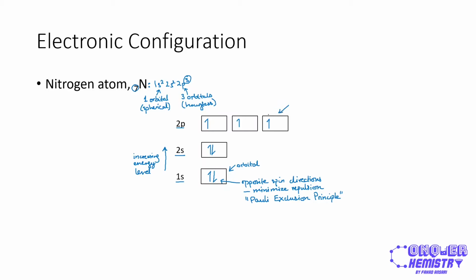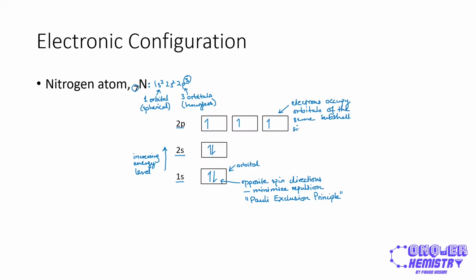This rule of occupying orbitals with 1 electron each before filling them up with their second electrons is known as Hund's rule. So write this as: electrons will occupy orbitals of the same subshell singly.